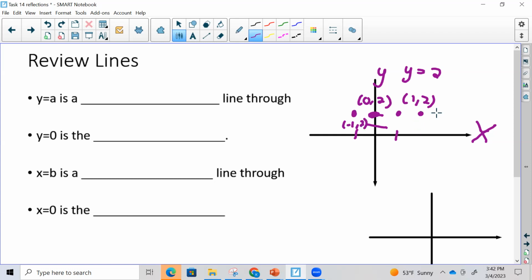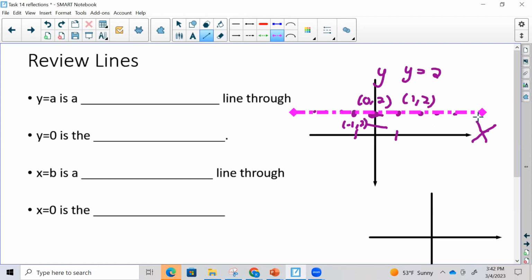And so y is 2 anywhere on this line. And so I can draw a horizontal line through those points, and that represents y equals 2.